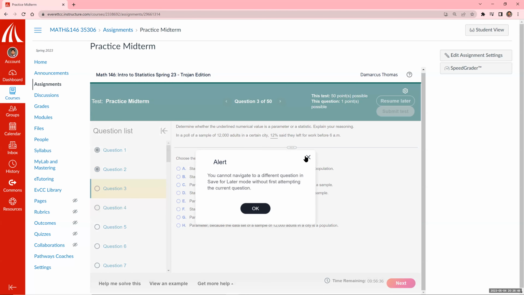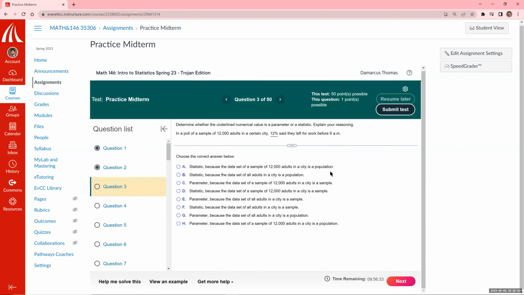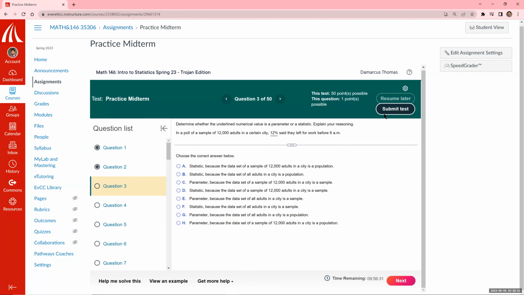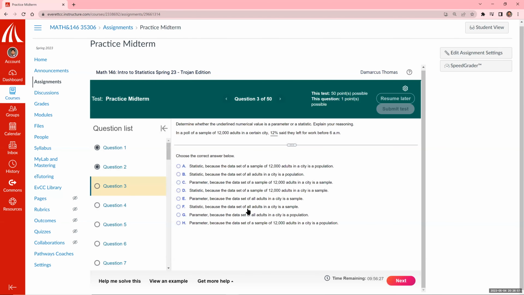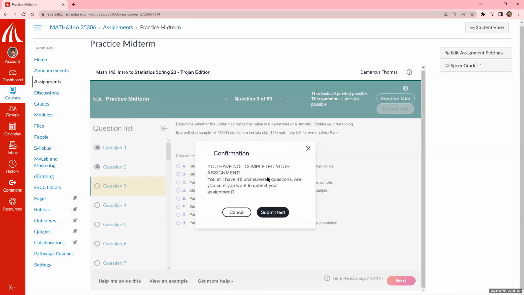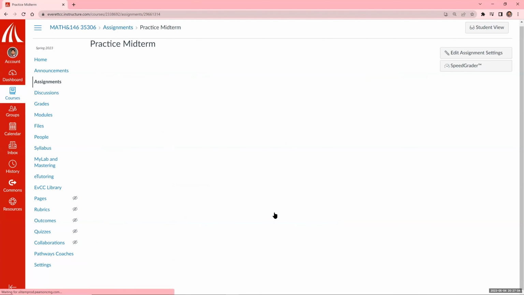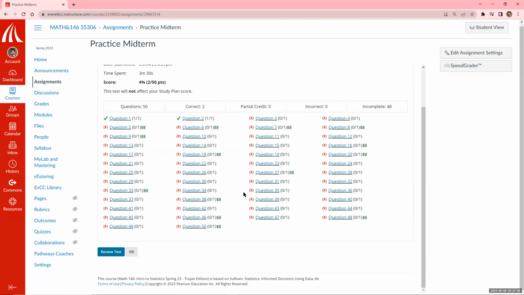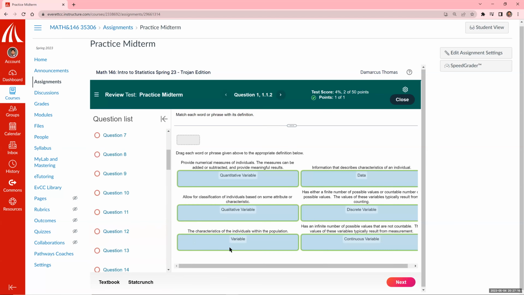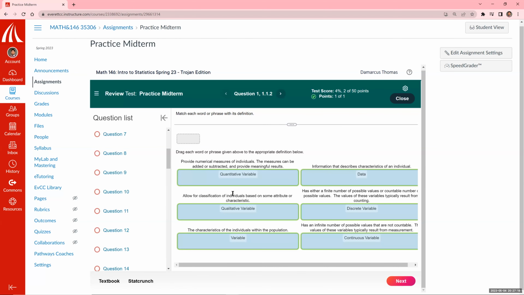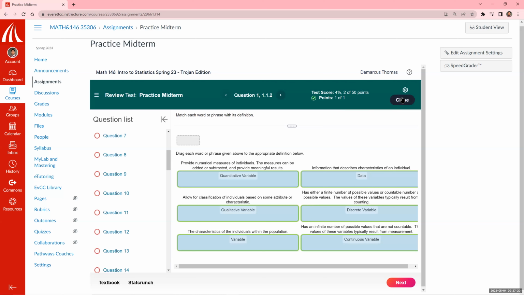Now, one thing I would suggest you do is submit the test, and what you can do is print it out with the answers. So right after you submit the test, you have the ability to review the test. Let me pull this up properly.